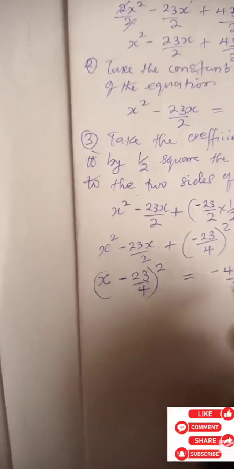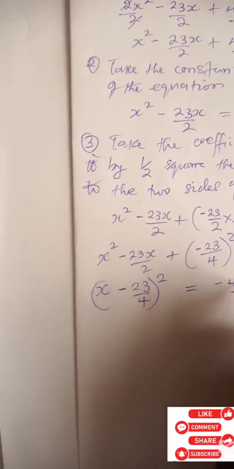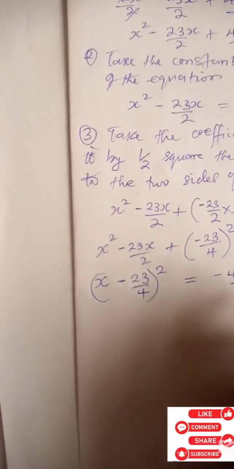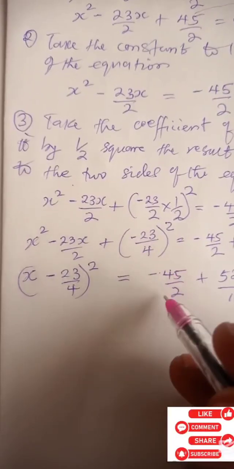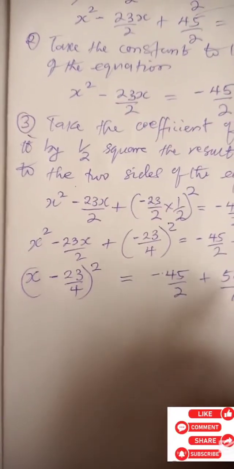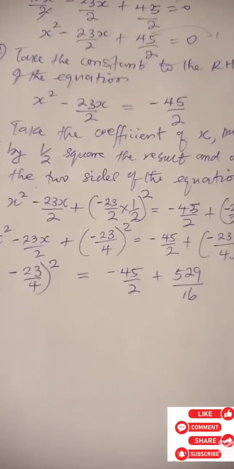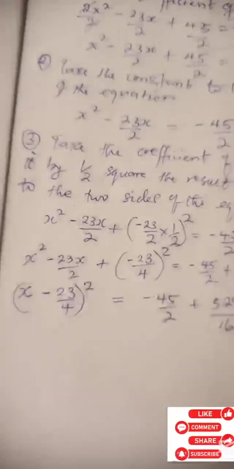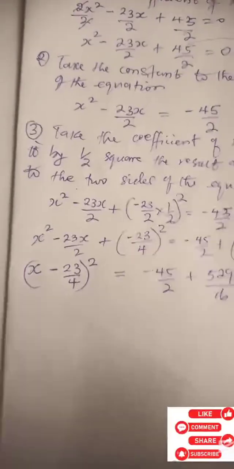Alright, so let's finish this aspect first. If you look at minus 45 over 2, we can balance this value. I can multiply the numerator by 8 and the denominator by 8 to make this denominator be equal, so that it will be easy for me to do my addition. But in another way, I can still solve it in several ways, but that's my choice anyway.